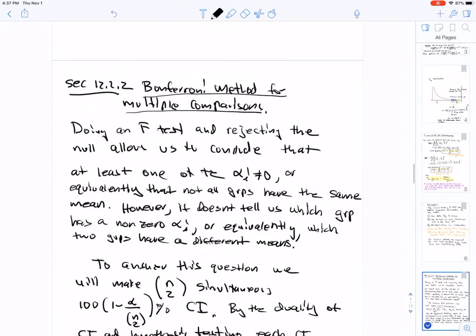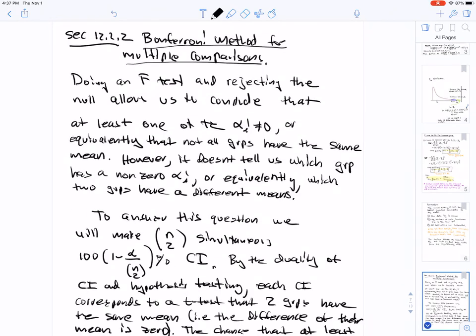So now let's talk about the Bonferroni method for multiple comparisons. Doing an F-test and rejecting the null allows us to conclude that at least one of the alpha i's is not zero, or equivalently, that not all groups have the same mean. However, it doesn't tell us which group has a non-zero alpha i, or equivalently, which two groups have different means.